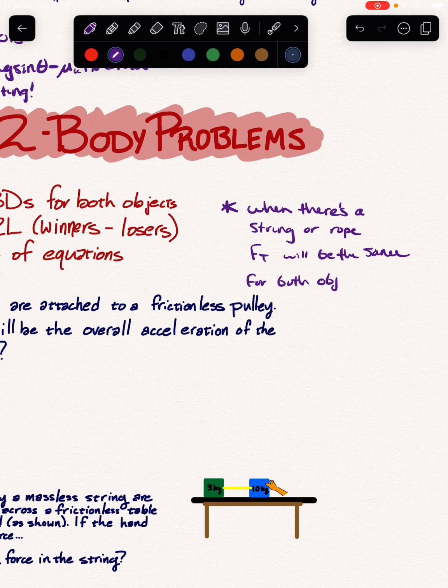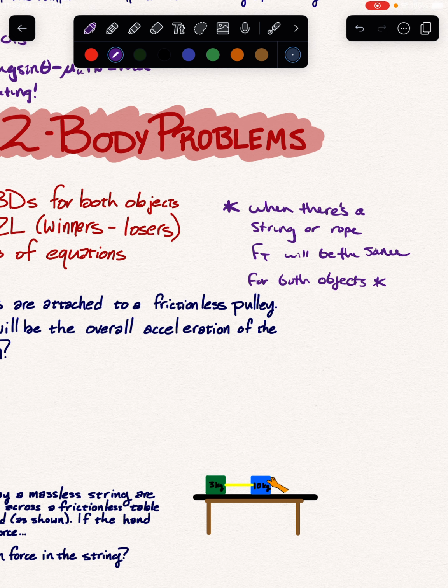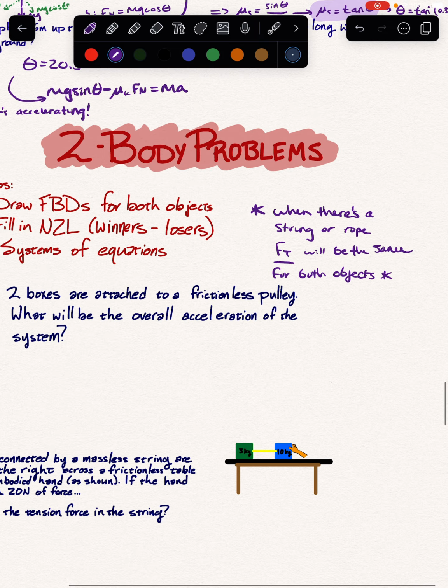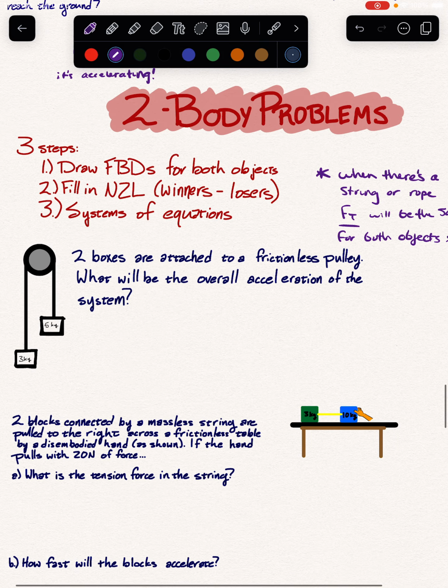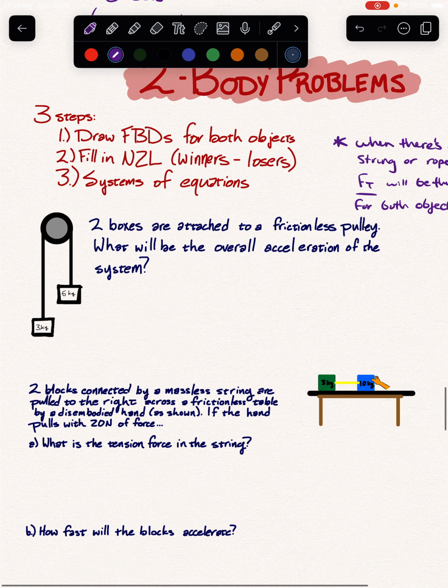So this is kind of tying into what we talked about with Newton's third law, where on Friday, we had the example where Anag and I were pulling on the rope together. So if we were the two objects, we had the one force of tension between us, and that force of tension was the same for both Anag and I. So that's going to be really key when we're solving these questions.